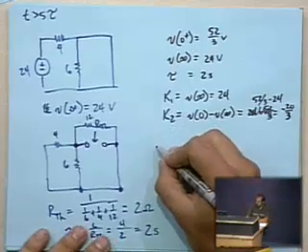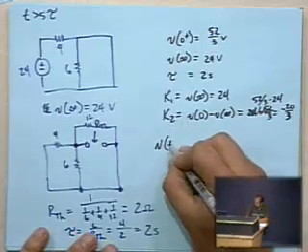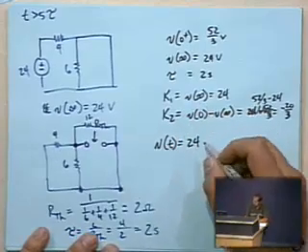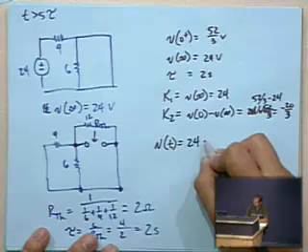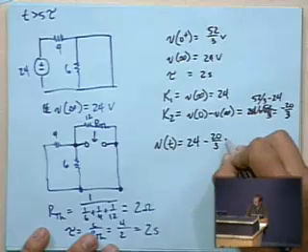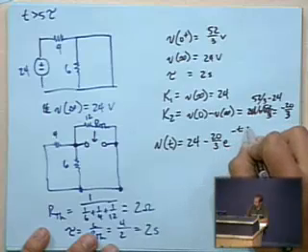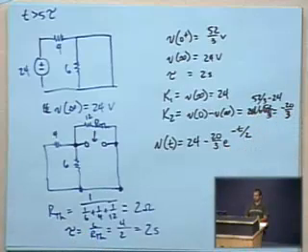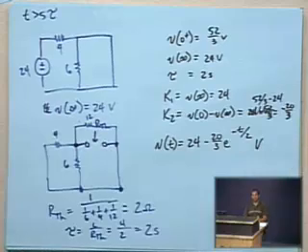And our final form of the solution then will be v of t equals k1, 24, plus k2, which was a negative number, so just say minus 20 over 3 e to the negative t over 2. And I guess technically that is a voltage.